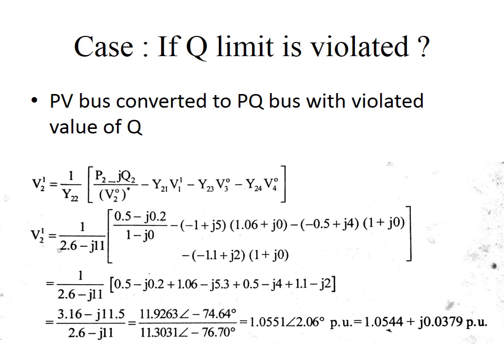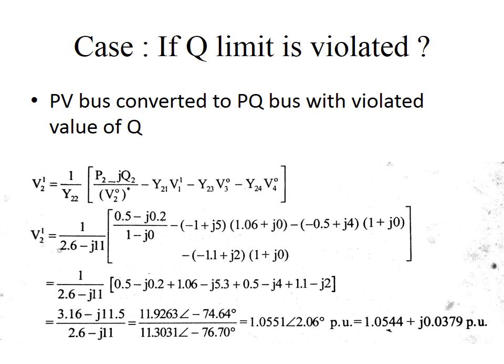Now the voltage value at the initial case, that is V2 of 0, is now 1 plus j0. Previously we have taken the value which is specified in the question, 1.04. Now in this case, since it is now a load bus, we have to go for flat start, that is V2 of 0 is 1 plus j0.